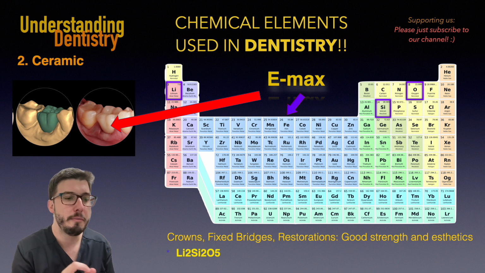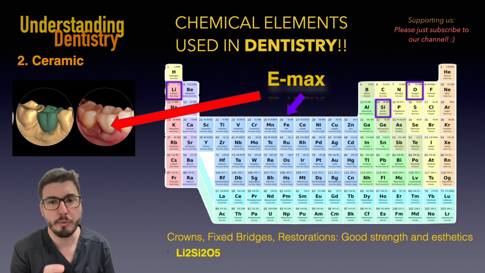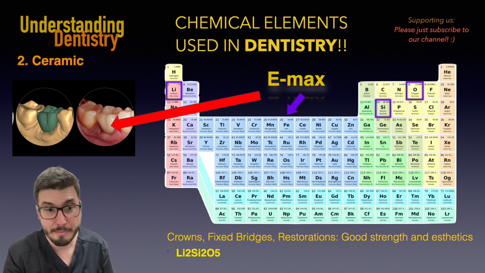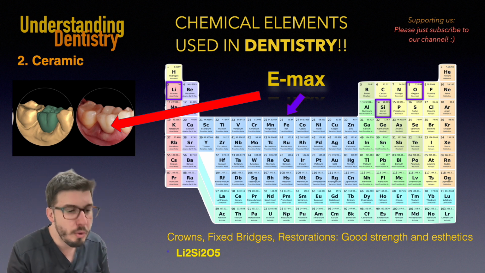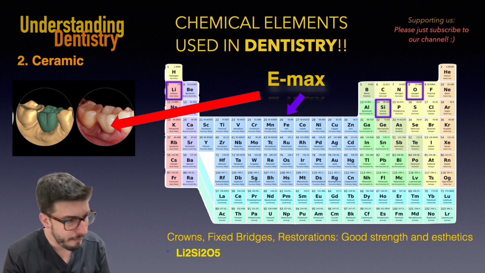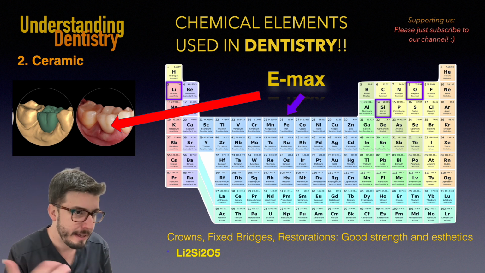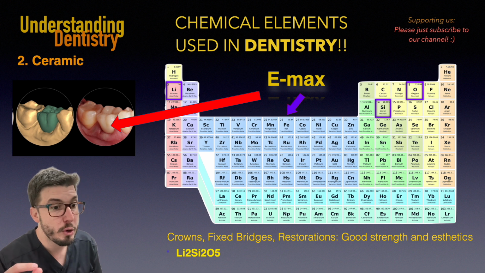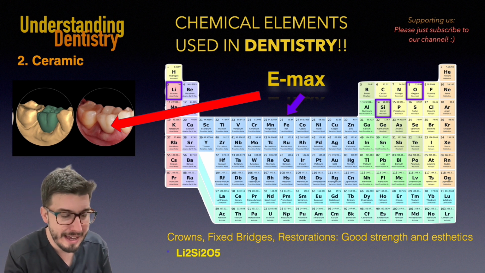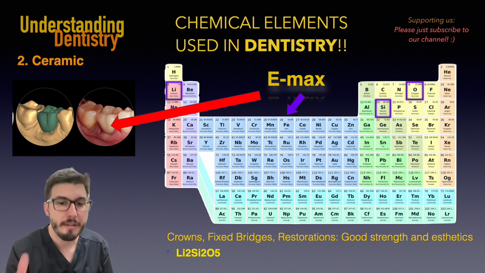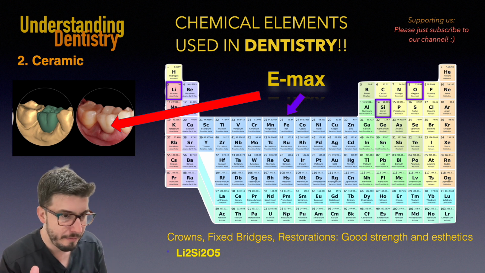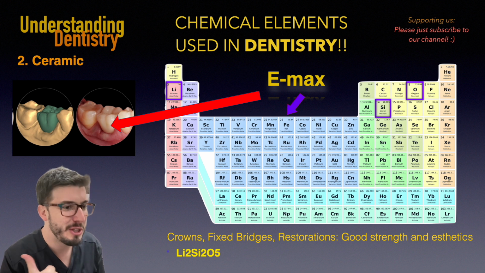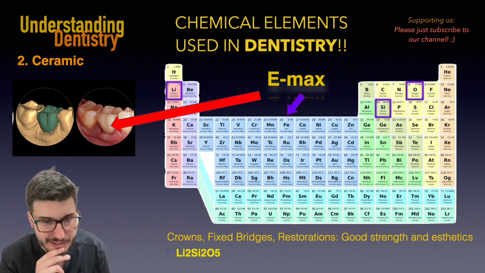So there is a way of doing these materials with crystals of glass, the glass ceramics, and then you have very nice aesthetics, very nice translucence, and still a good flexural strength, a little bit less than zirconia, of course. Even zirconia with layering has higher flexural strength than IMEX, but it's still a nice flexural strength, okay? Go back to the videos of ceramic to see all these values, it's very interesting.